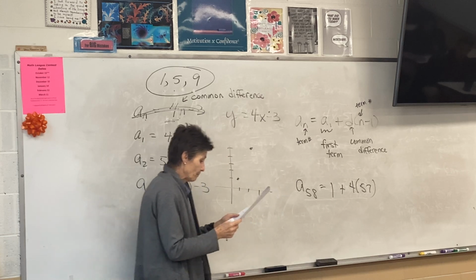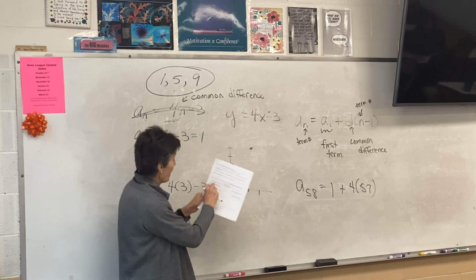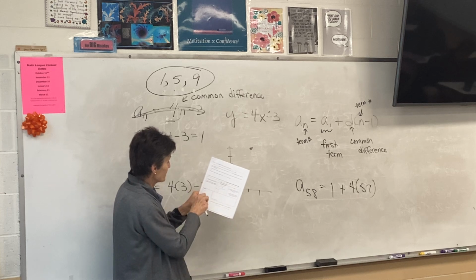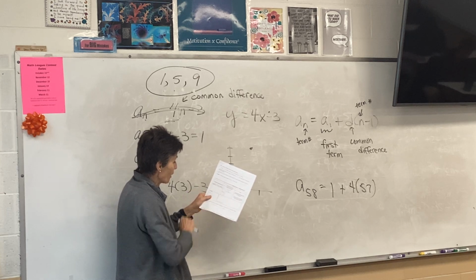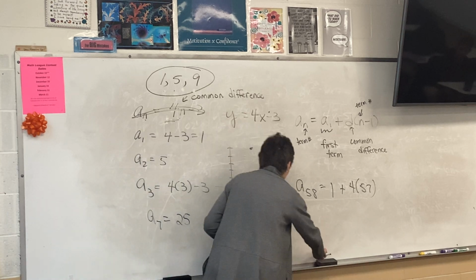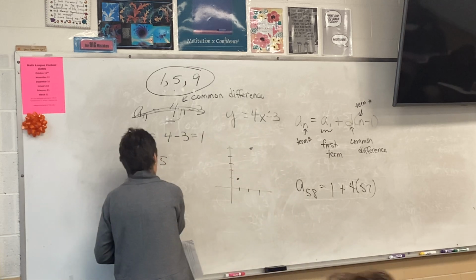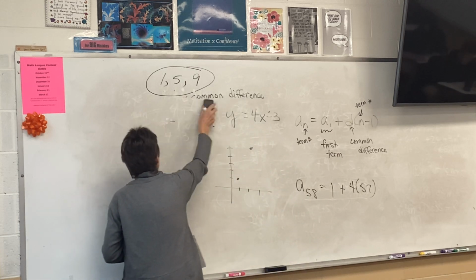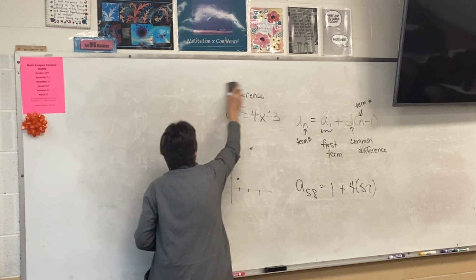All right. Go ahead in that box where he talks about arithmetic sequences. He wants you to graph something. Go ahead and see if you can graph the sequence. Remember, it's just going to be some points.